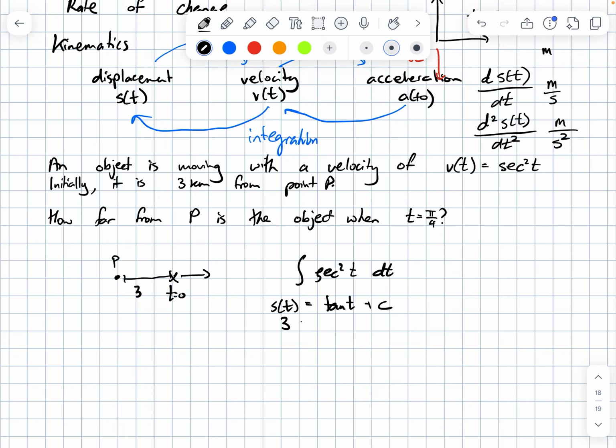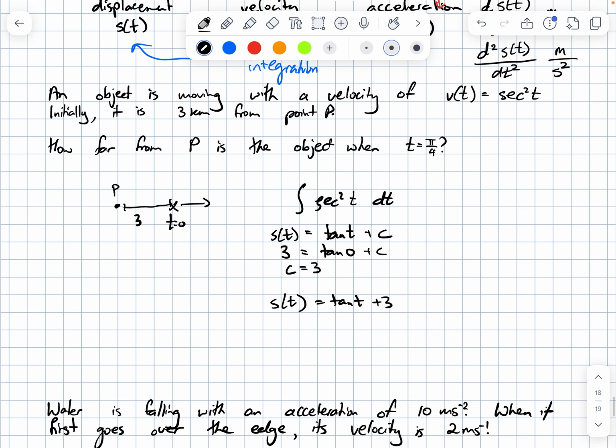So that will be 3 equals tan 0 plus c. Well, that gives you c equals 3, and so our equation for displacement is tan t plus 3. Finally, how far is it when t equals pi over 4? So sub in pi over 4 for t, and you get 4, and the unit is kilometers.